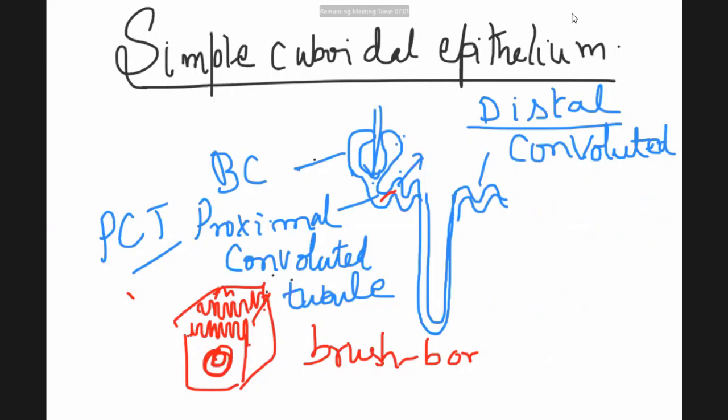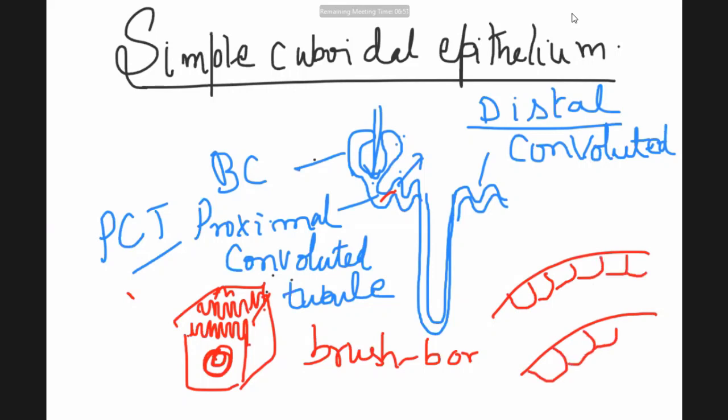So if this is the proximal convoluted tubule, these are the cuboidal cells. This is the basement membrane. This is the free surface through which urine is flowing. Here you find this brush border. The cell membrane folds will be towards this.